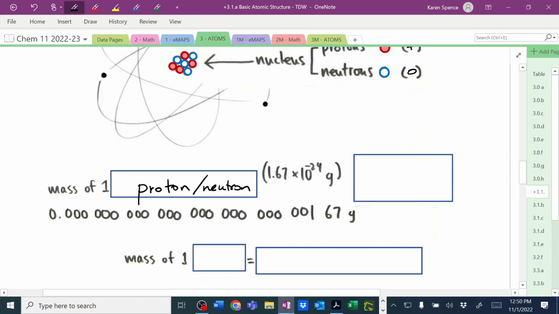Wouldn't it be nice to have another unit to measure that in rather than 0.0000000000000? So we give it the name AMU, which stands for atomic mass unit.